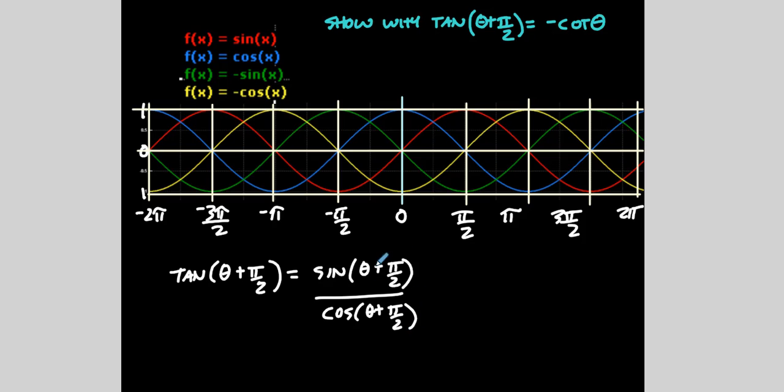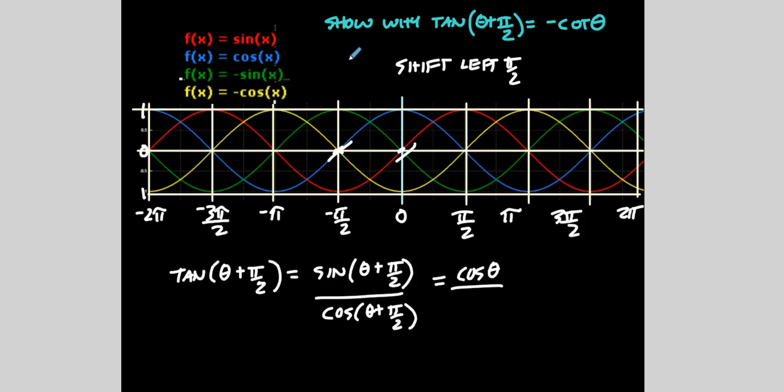And again, I'm just going to look at my graph here. So sine of theta is right here. Sine of theta plus pi over 2 is a shift left of pi over 2. So I'm going to take sine, go to here, and the graph that matches here is cosine. So this is cosine theta.